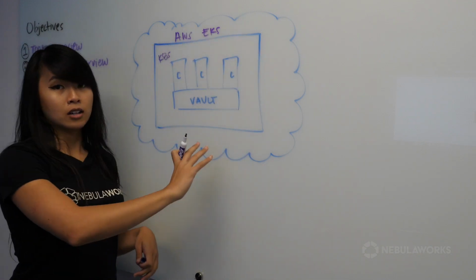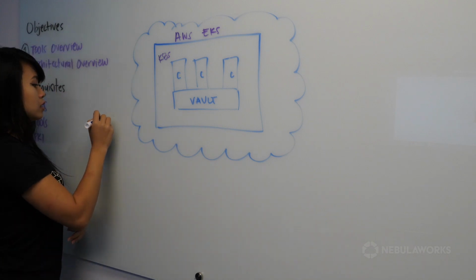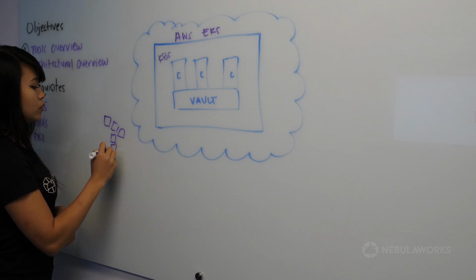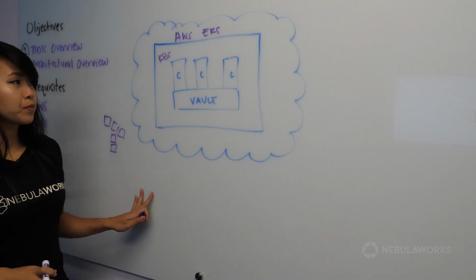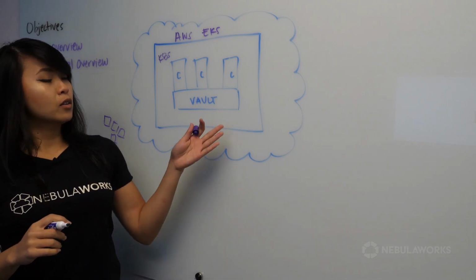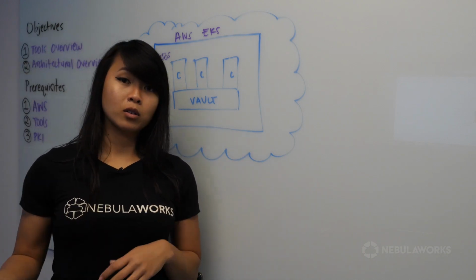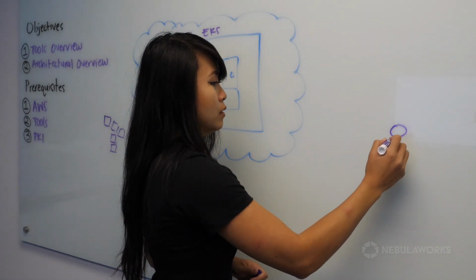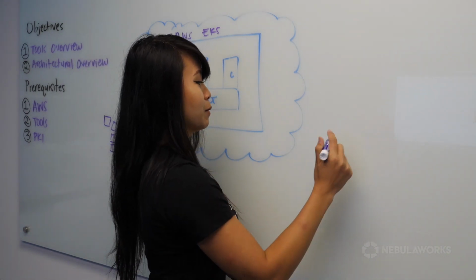In order to provision all of this, we will need Terraform, which is the tool that we use to provision infrastructure as code. So how do we interact with this deployment from our local machines when it's up in the cloud? We will be over here. Actually, let me put this over here.